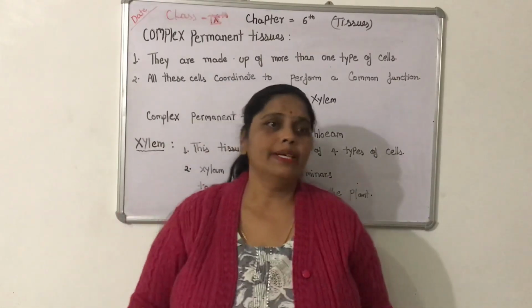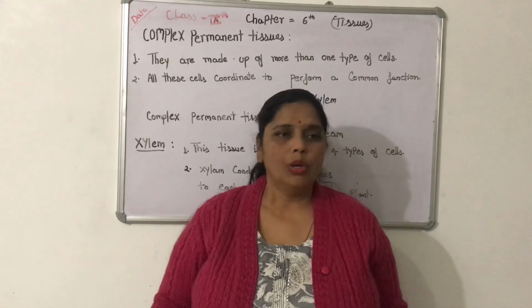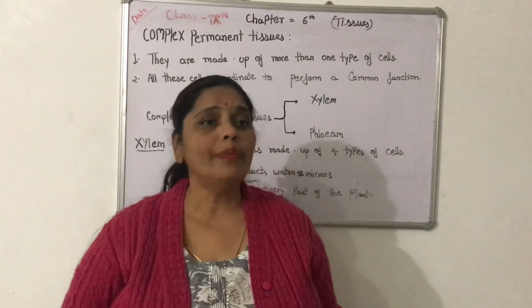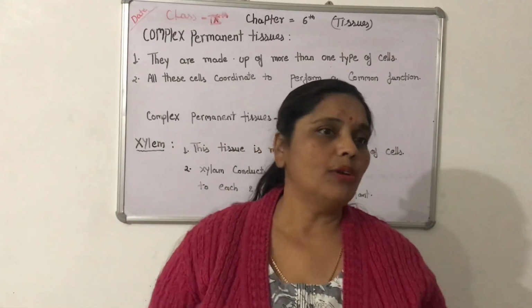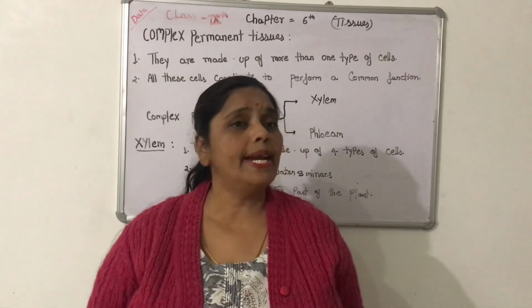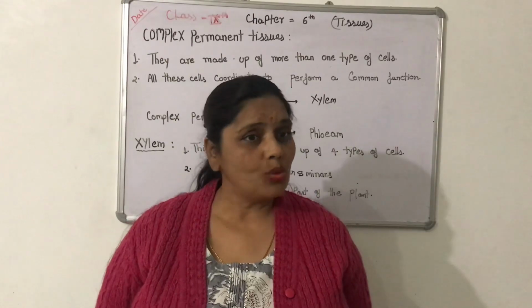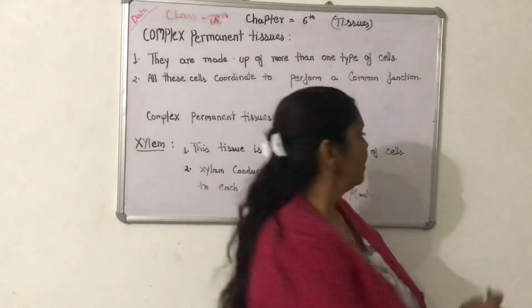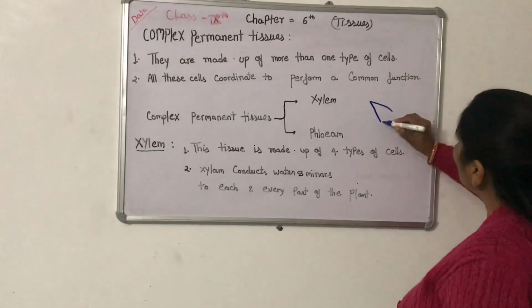Did you ever think how the water, minerals and food materials are transported to each and every part of the plant? The transport system is led by a bundle type structure which is the vascular bundle. This is one vascular bundle.